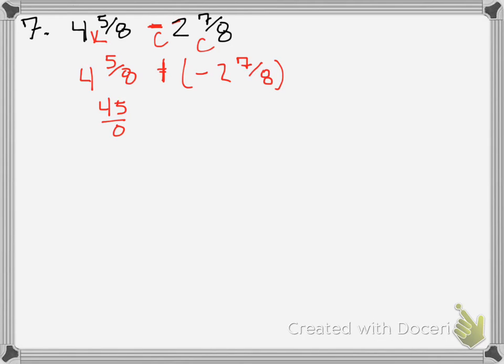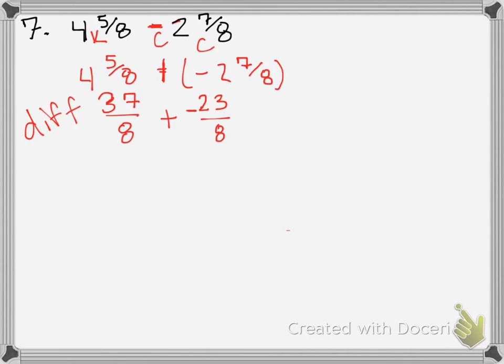Sorry, I don't know where I got 45 from. I meant 4 times 8 plus 5. So 4 times 8 is 32, plus 5 is 37 over 8, plus 2 times 8, which is 16 plus 7 is 23, over 8. Okay? Since they're different signs, we need to subtract them.